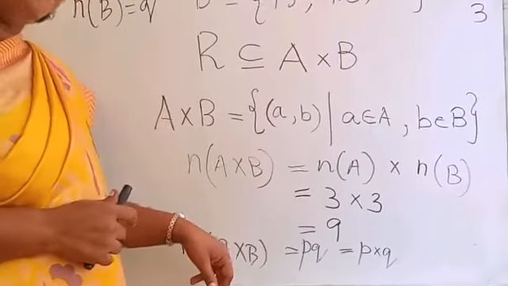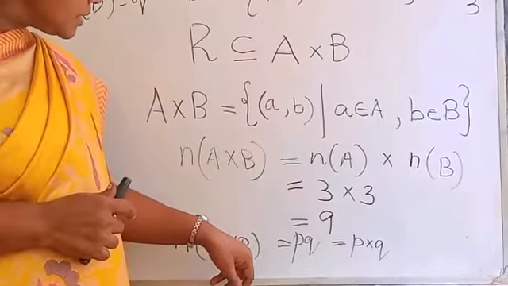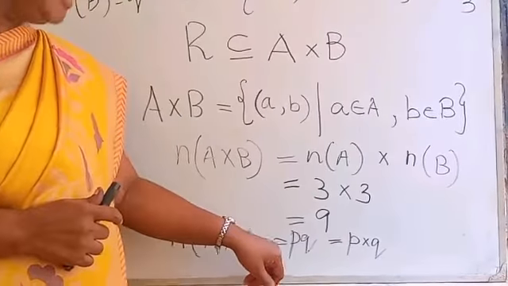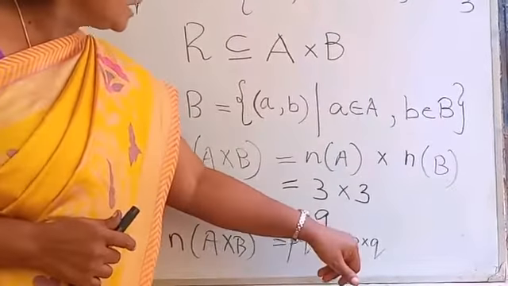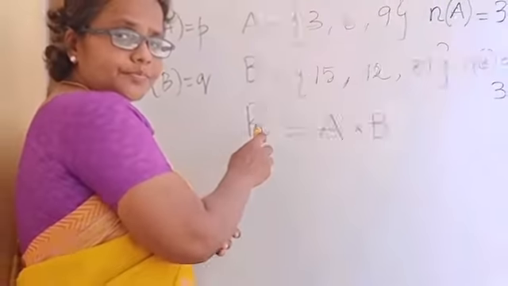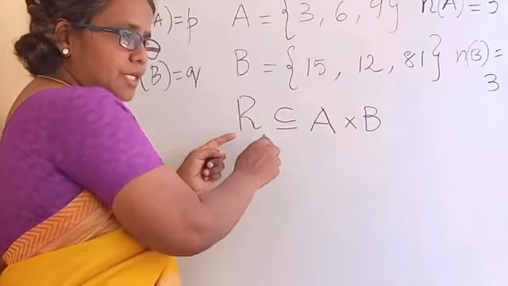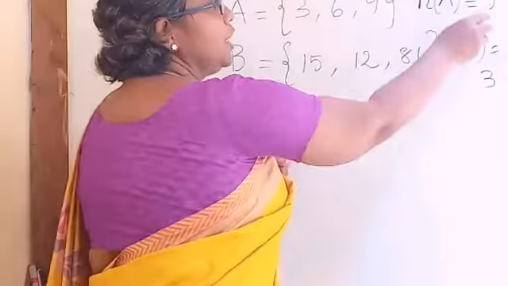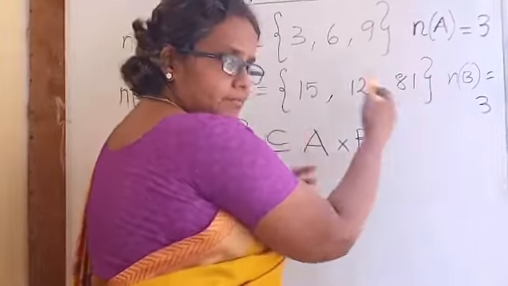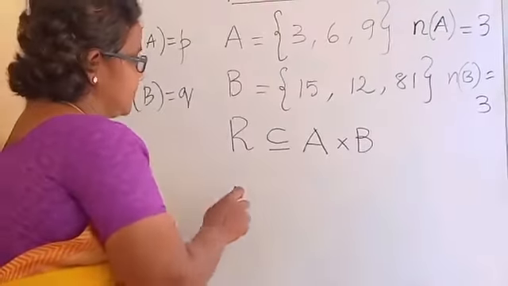The cardinal number of A cross B is equal to PQ. I told you the cardinal number here is equal to 3 into 3, which is equal to 9. Now I will show you how I am going to form the relation.